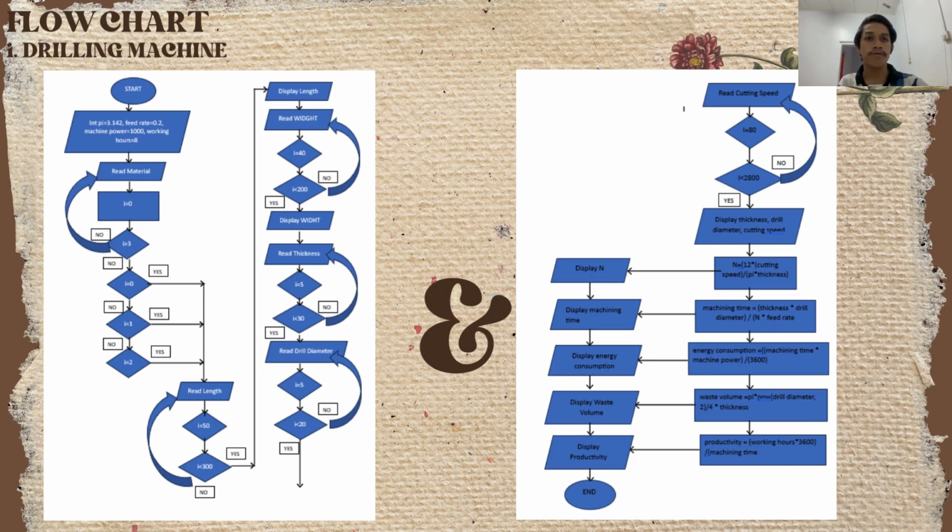And the output is spindle speed, machine time, energy consumption, productivity, and waste volume.